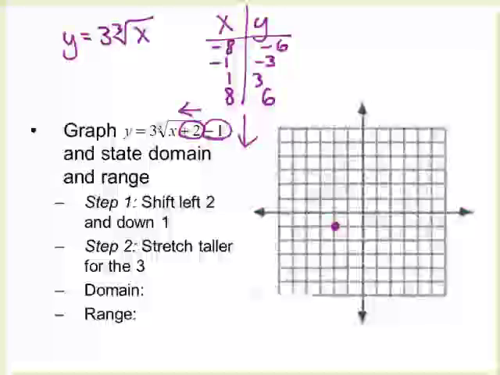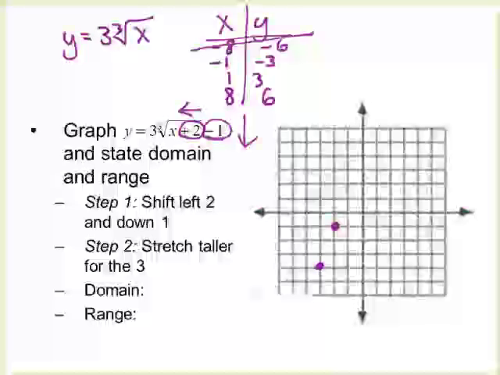Then we're going to plot these points like we did, from that new point that we plotted, pretending like that's our origin. So it's not an endpoint, it's the middle of the graph, but we're going to pretend like that's our origin. From that point, I don't have room to go -8, so I'm not going to worry about that first point for this graph. I'm going to start by going back 1 and down 3.